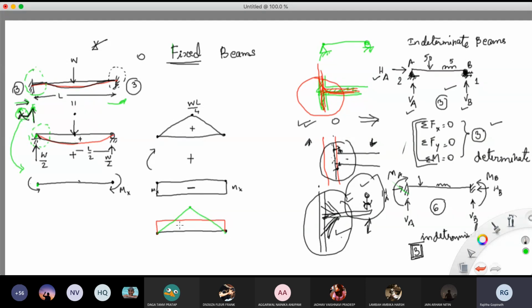Okay. So the areas that are going to ultimately get sort of crossed or negated is this much portion, right?